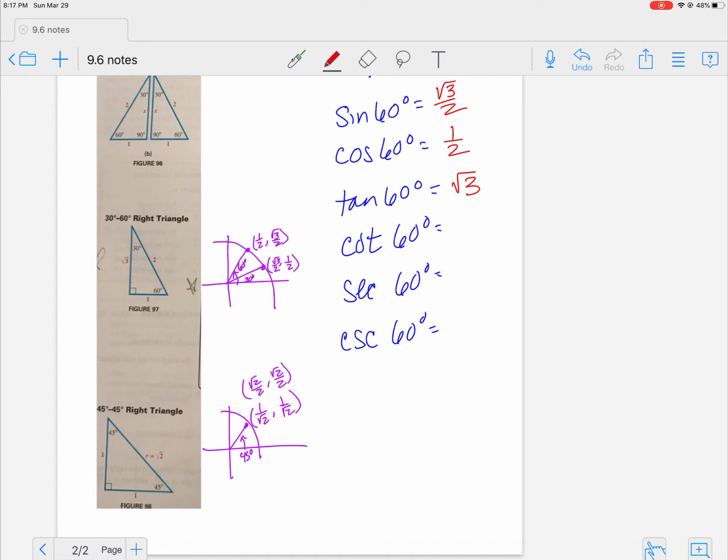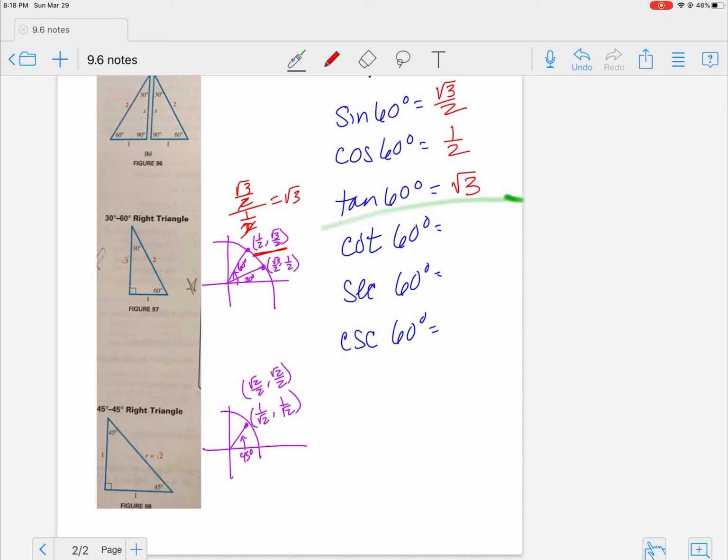The tangent is opposite here over adjacent. All right, so opposite over adjacent is going to be the square root of 3, which is the same thing as the square root of 3 over 1. Or, whenever you're looking at this, it is at 60 degrees, you have the square root of 3 over 2 divided by 1 over 2. The 2's cancel, and you see you get the same thing.